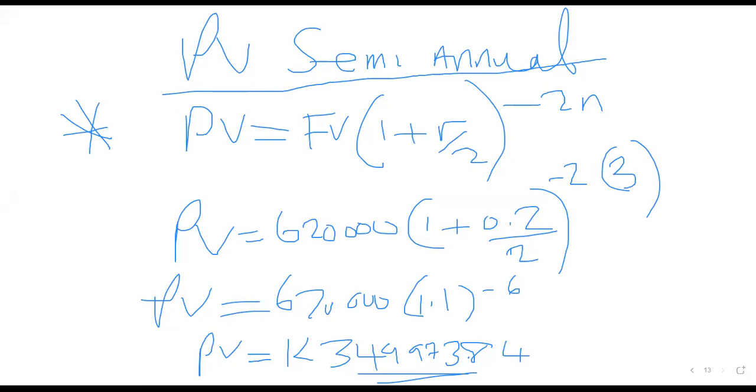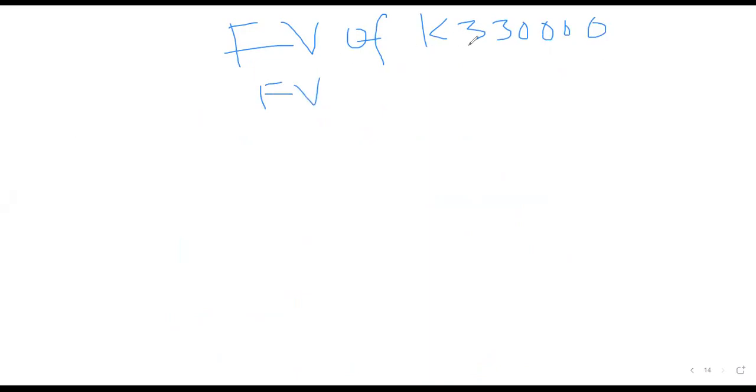Okay. Then the alternative way, you find the future value of 330,000, then compare this amount with the future value of 620,000 kwacha in 3 years.